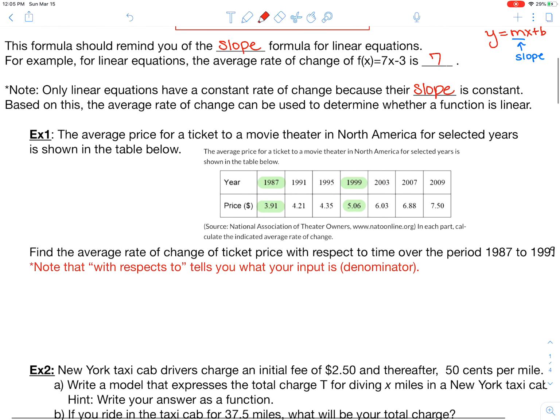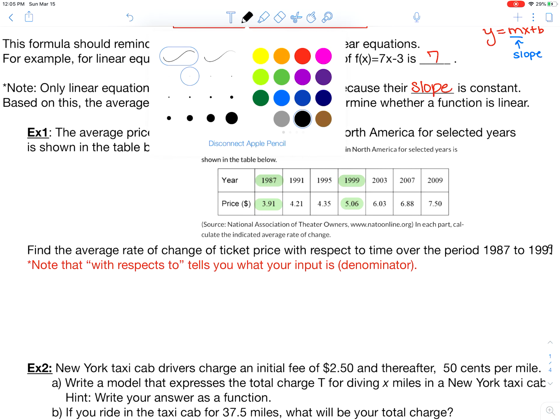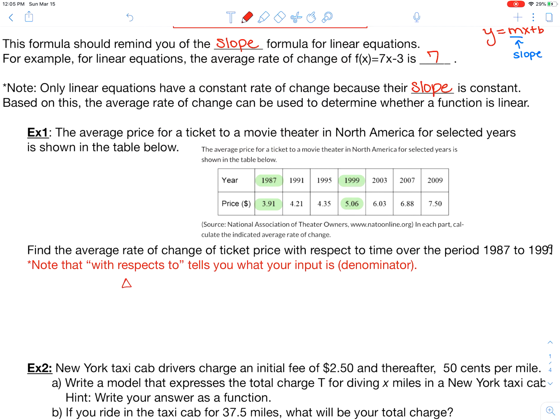Let's go ahead and do this problem. Change of price, you can think of that as your y values, over the change in year.